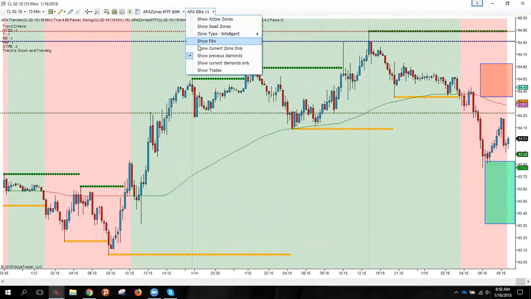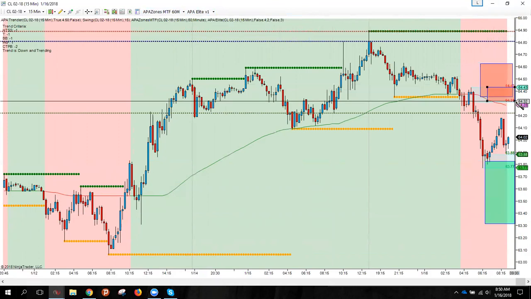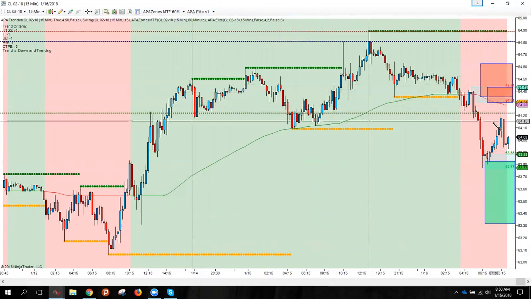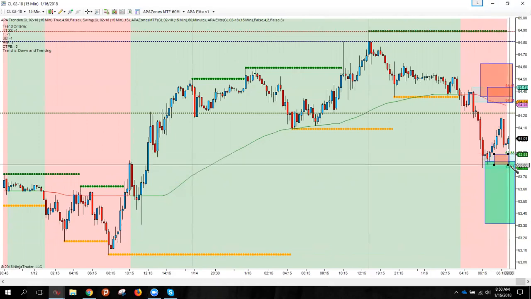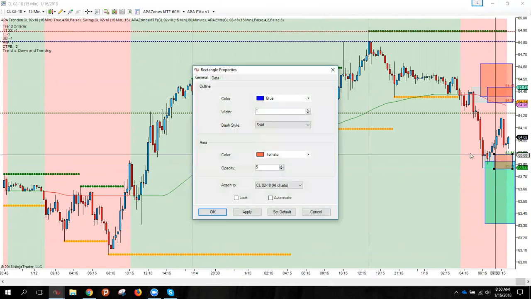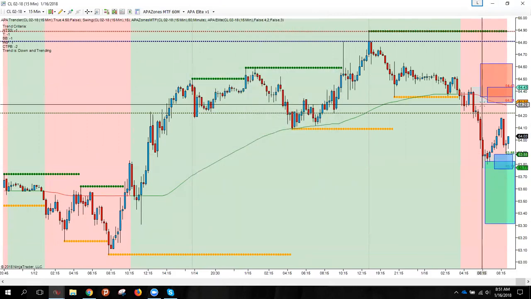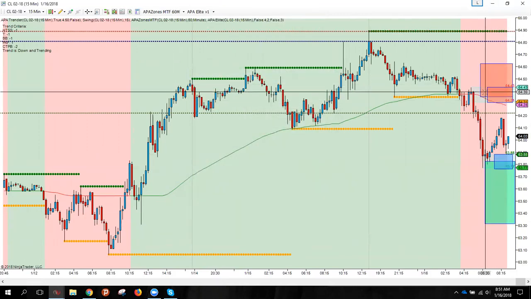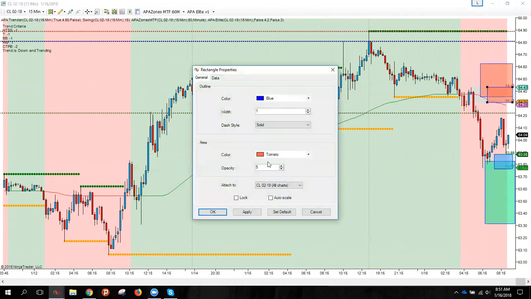And I'm going to remove them and put on my 15-minute demand zones. I like to color them in blue because it shows me when I have a strong confluence between the 60 and the 15-minute zones.